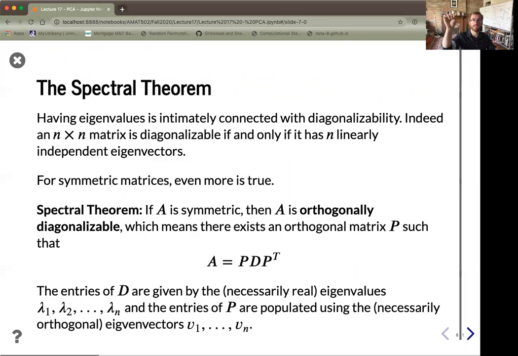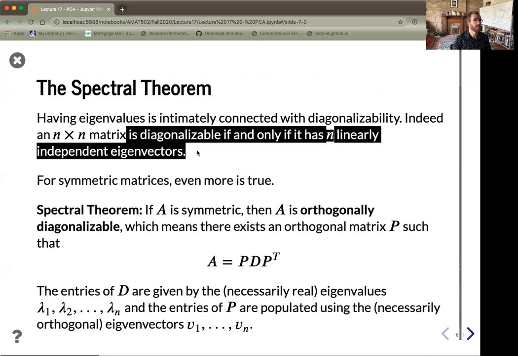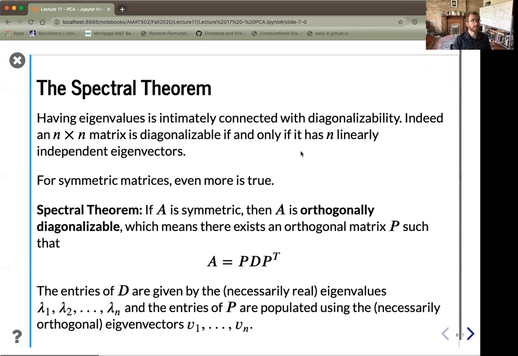Just remember, I take that 1, 0, 0, 0 and apply it to my matrix, and I just get back 1, 0, 0 times whatever that entry in the first coordinate was. And so it turns out that this is part of an if and only if result. In particular, a matrix is diagonalizable if and only if it has n linearly independent eigenvectors. That is that notion of a basis being linearly independent and spanning.